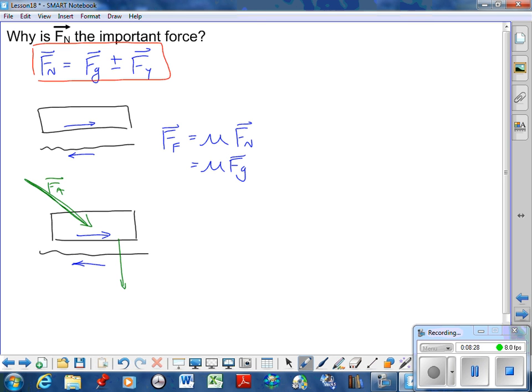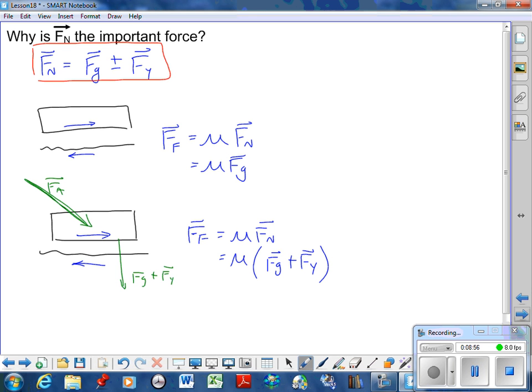You are now pushing down harder. So now we have force due to gravity plus that force in the y direction. So that formula, force due to friction, is equal to mu times normal force. It's mu multiplied by force due to gravity plus that extra force being pushed down. So there's more force available to be transferred into frictional force.